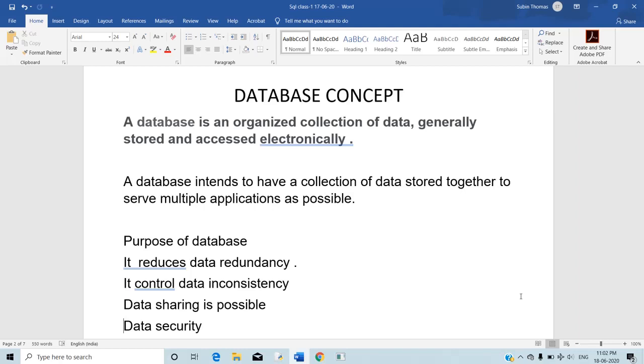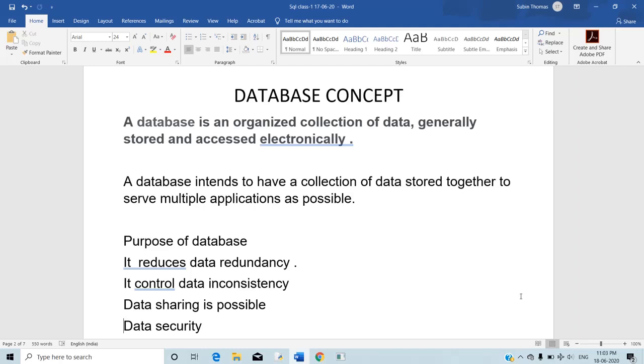If you want to make changes, the changes take place in that same location itself, so the changed data will be available in multiple applications. That is how it reduces data inconsistency. Data is stored only in one location, and from that location different applications access its data.